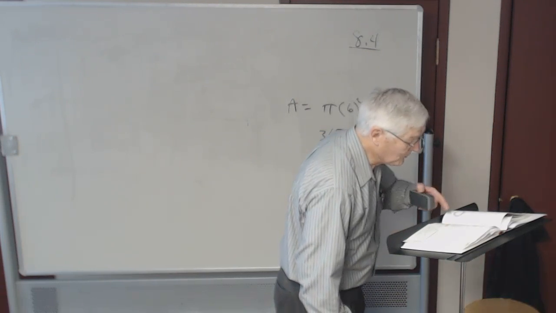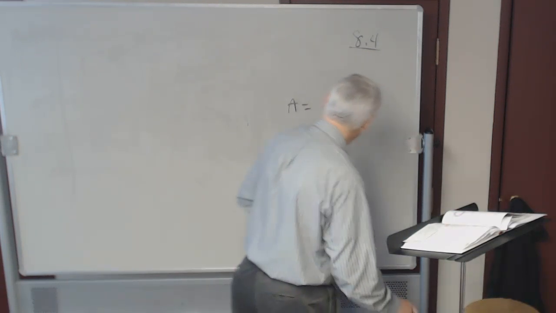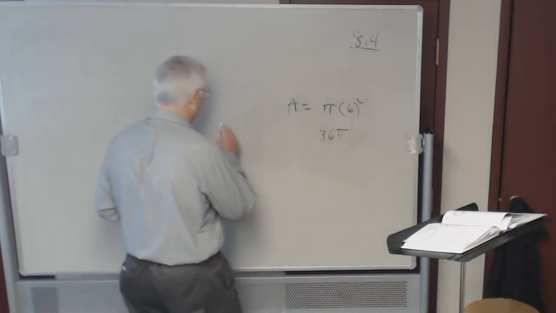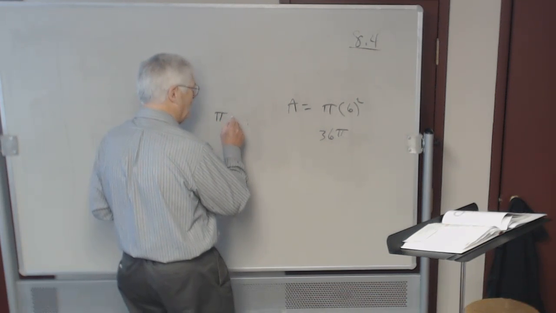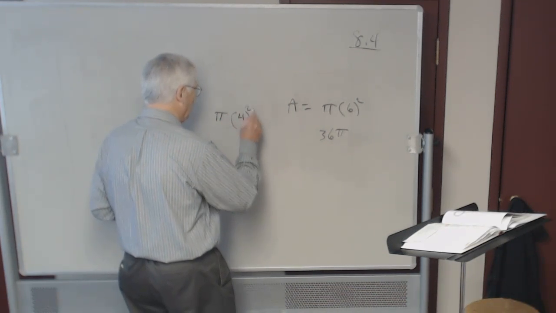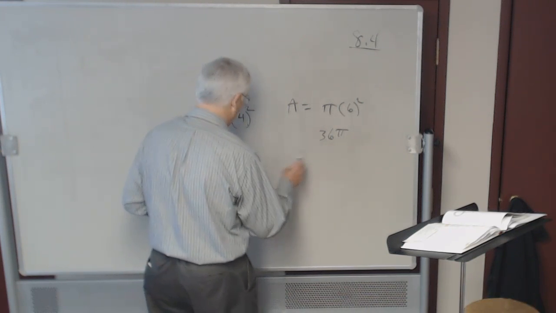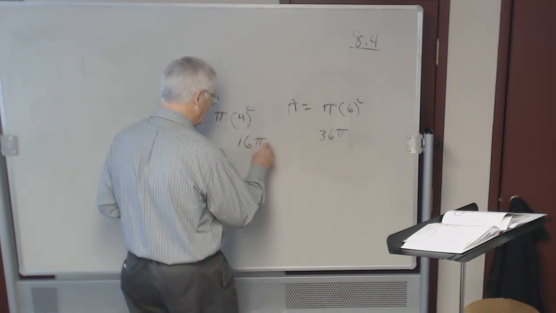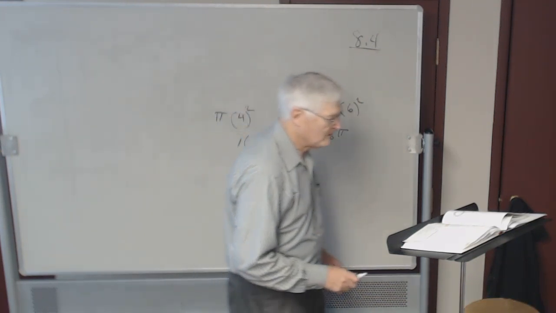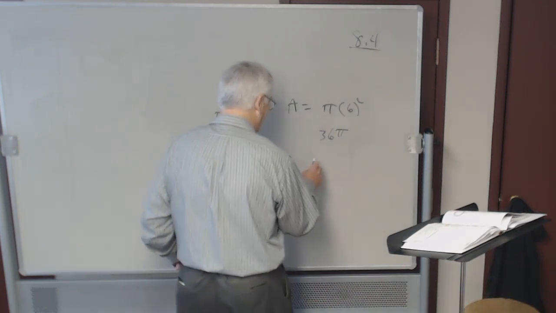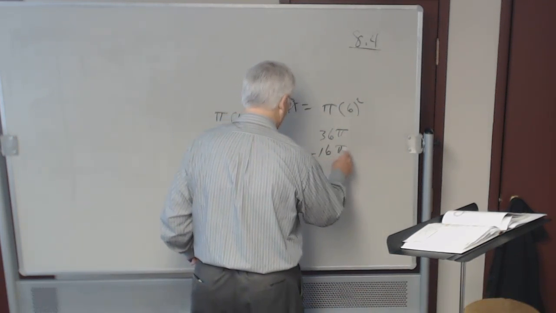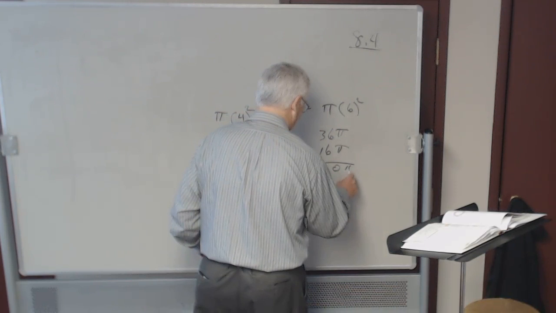But then you want to subtract that part in the middle that's white, which is pi times 4 squared, which is 16 pi. So you have 36 pi minus 16 pi, leaves you with 20 pi.